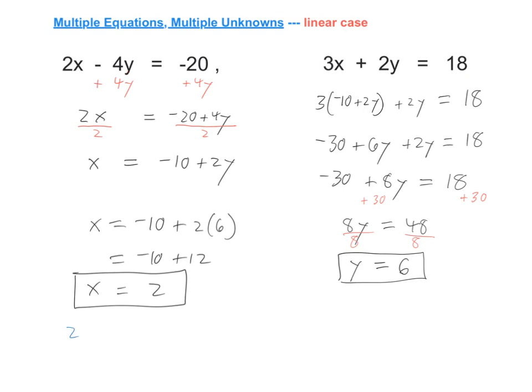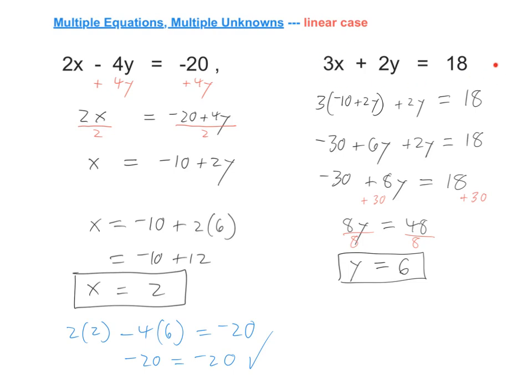I have 2 times x, which is 2, minus 4 times y, which is 6. That's supposed to equal negative 20. And on the left-hand side, I get 4 minus 24, which is indeed negative 20. So I get negative 20 equals negative 20. Great, that works.